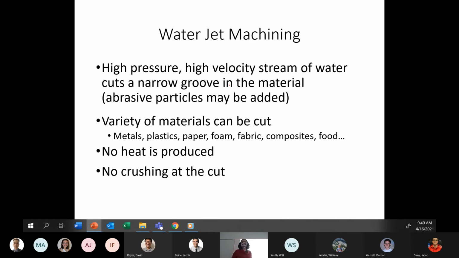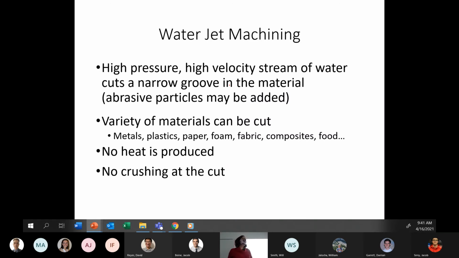Now, we may add some abrasive particles, which will help the cutting. The thing is that for water jet, there's no thermal energy. With most of our other processes, oxyacetylene, electrodischarge, and laser, we are somehow vaporizing the material, which means things are going to get hot and we're going to influence the surface, and we could have difficulty cutting certain materials.